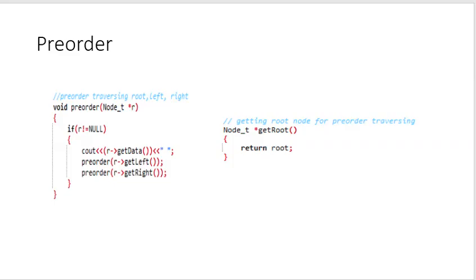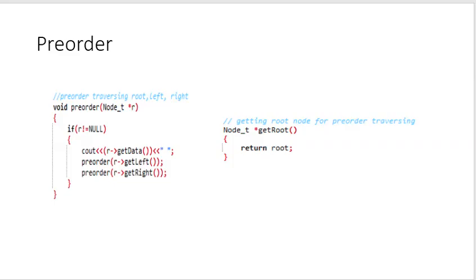So it is the order of root, left and then right, and it will print first the root, then the left and then the right. We have used get data to return the root.